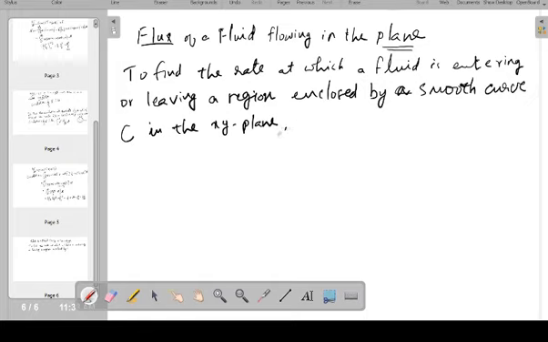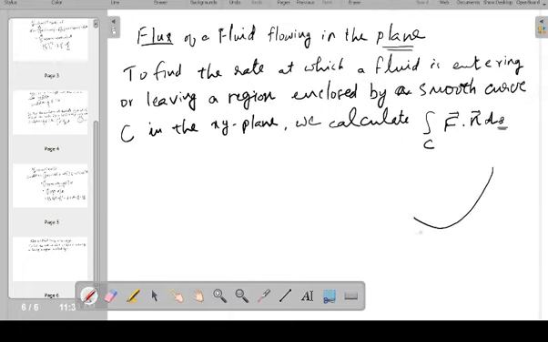So what we do is we calculate the integral over C of f dot n ds, where s is the arc length, small s. What is n? N is a unit vector perpendicular to the tangent vector. So this is your C, let us say a parameterized curve in the xy plane.